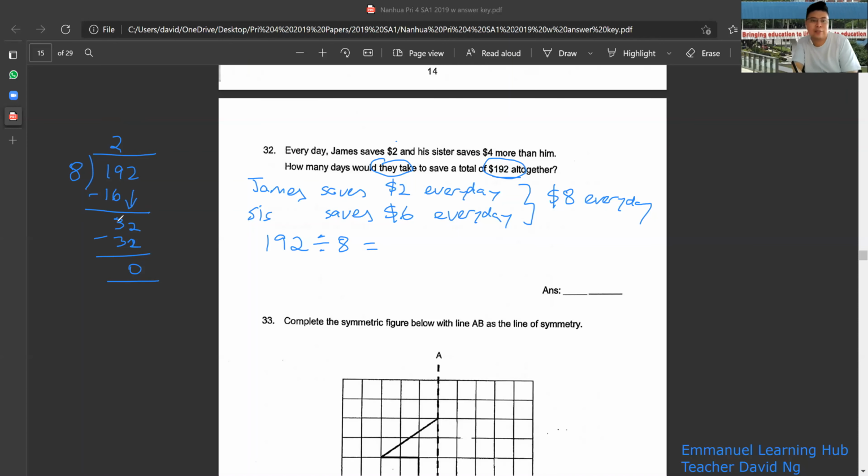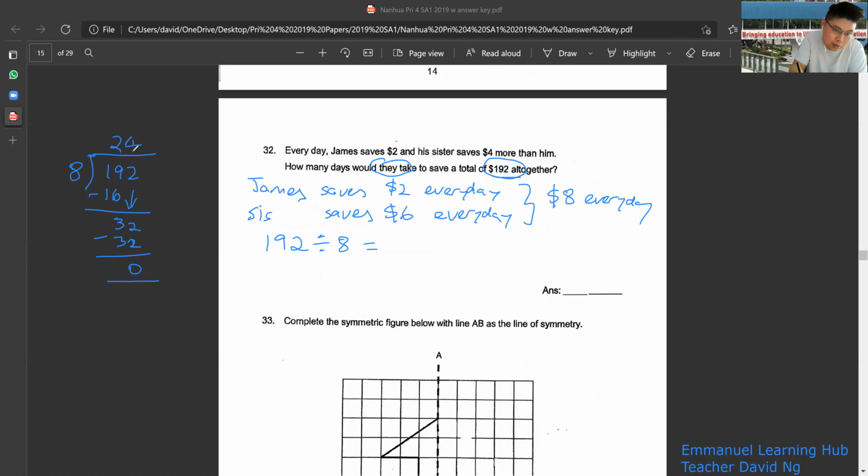Multiplication timetable again. That's why I asked you to memorize. Now you struggle. If you memorize, you can tell me confidently the number here. 3? No. What number times 8? 4.